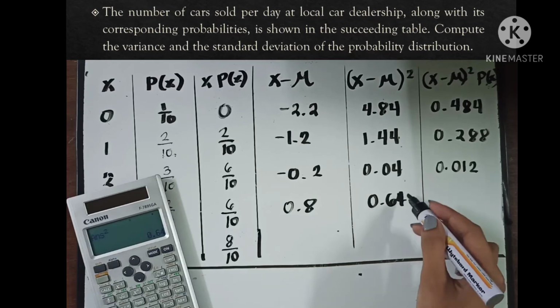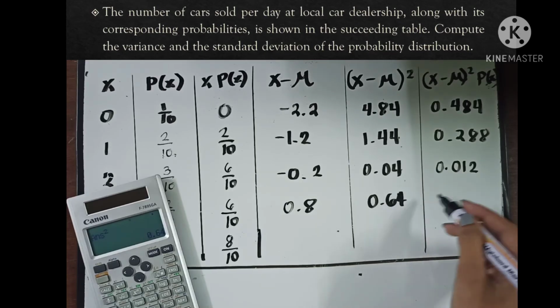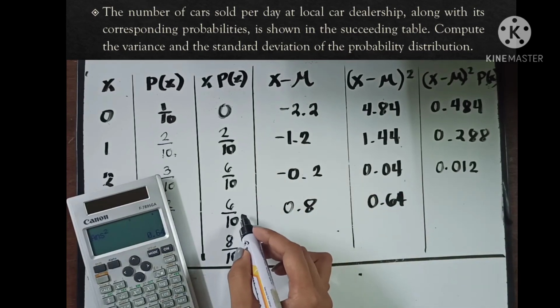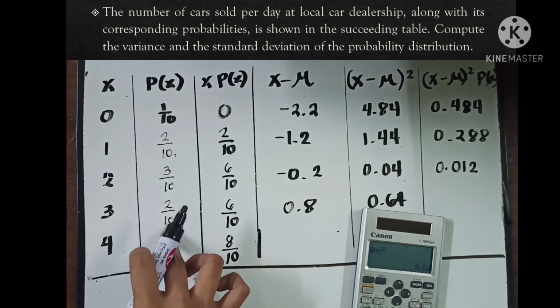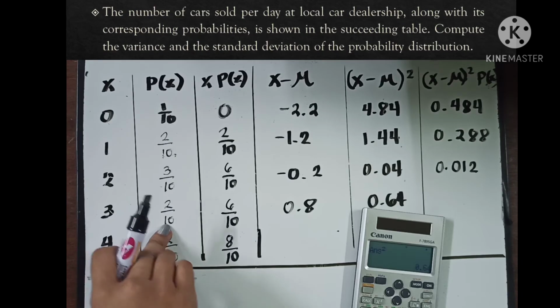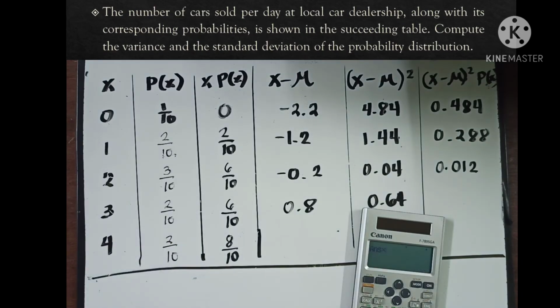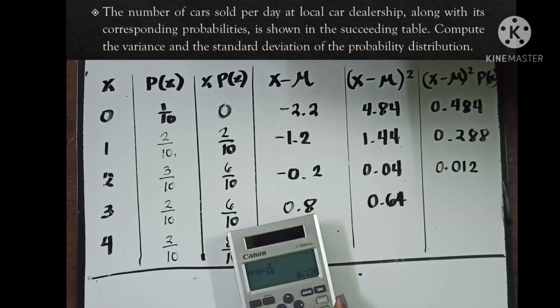After nito, itong 0.64, imumultiply mo kay probability. Okay? So, kay probability, which is 2 over 10. Okay? So, multiply by 2 over 10. And that is equal to 0.128.